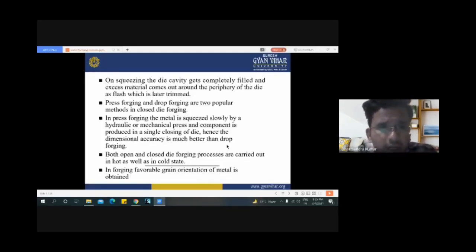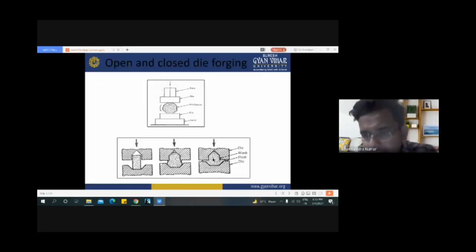Here is some theory regarding open die forging and closed die forging. On squeezing, the die cavity gets completely filled and excess material comes out around the periphery of the die as flash, which is later trimmed. This point talks about the extra material removed from these small cavities.